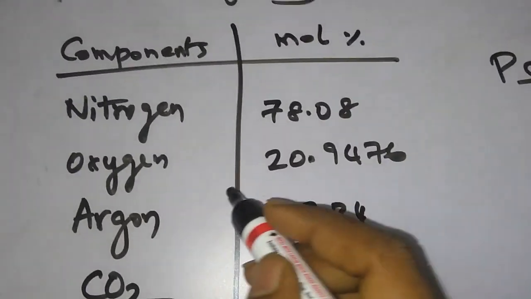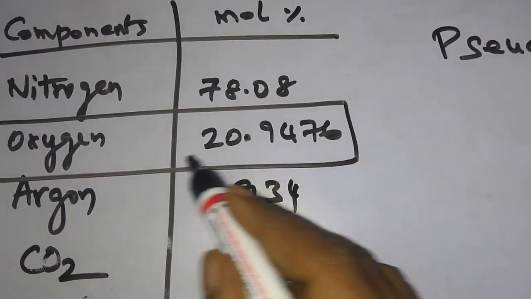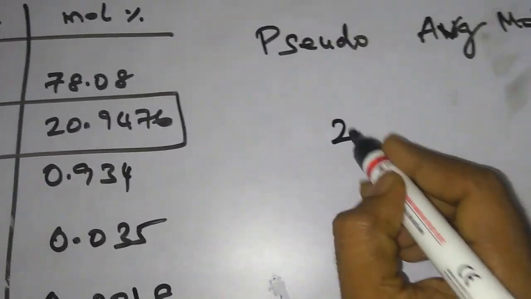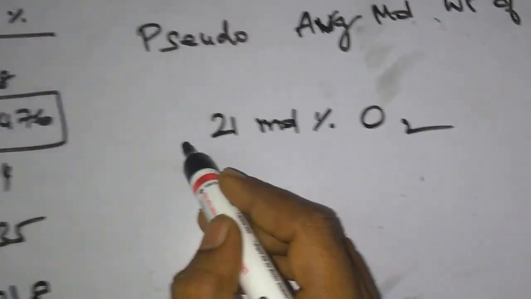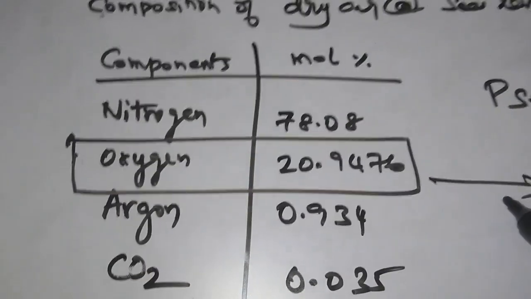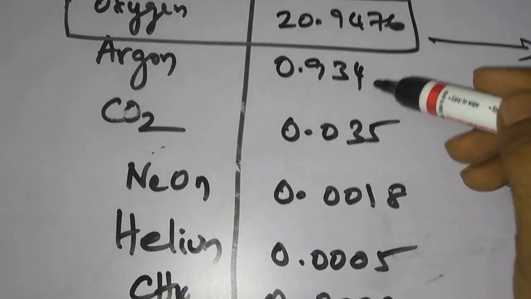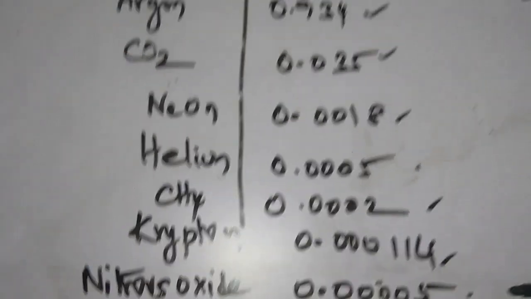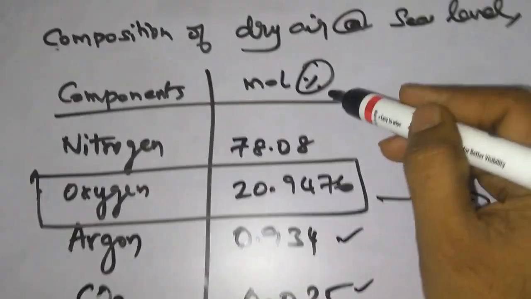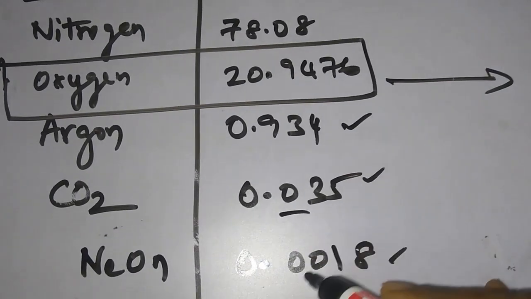Here we have oxygen equal to 20.9. Even for calculation purposes you can say 21 mole percent. So we have 21 mole percentage of oxygen, right? And nitrogen is 78.08, and there are various minor components present in small quantity, right? In percentage itself these values are in point, single digit, zero, double digit, double zero, triple zero, and 4 zeros.